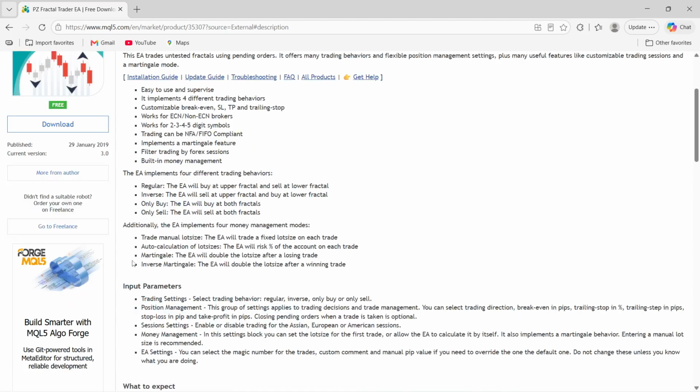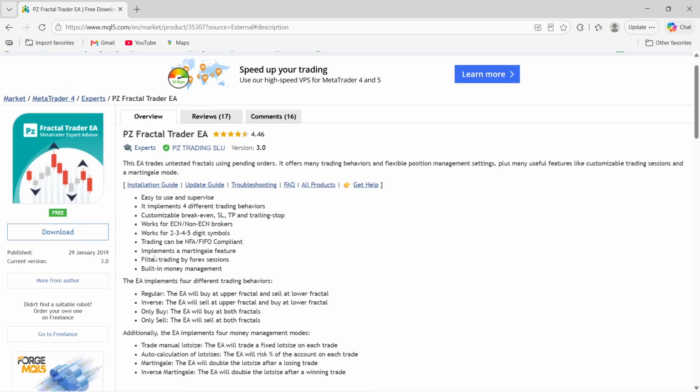Open this up. Let's start with what actually powers this EA according to the developer. The core idea is trading on tested fractals using pending orders. Now, for those who might not know, fractals are those Bill Williams things.